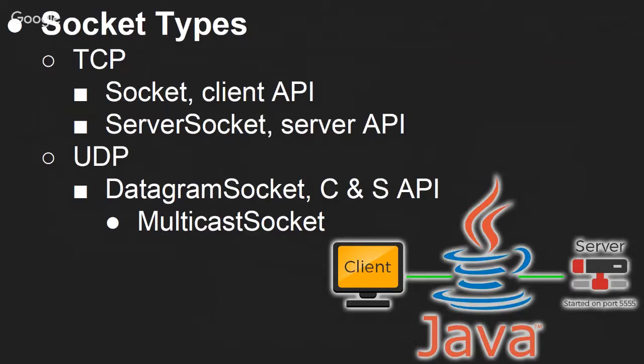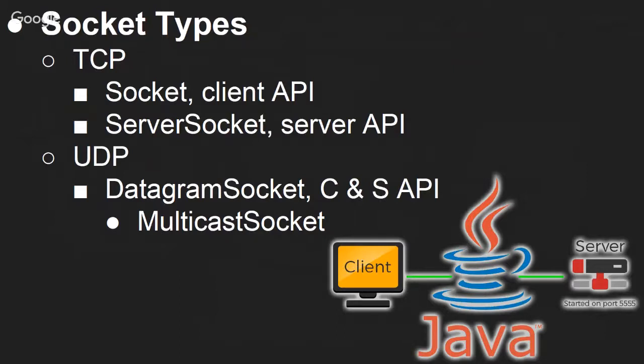TCP ensures reliable and ordered delivery of streams of bytes from client to server, or vice versa. TCP is more reliable since it manages messages, acknowledgements, and retransmissions in case of lost parts, thus there is absolutely no missing data.